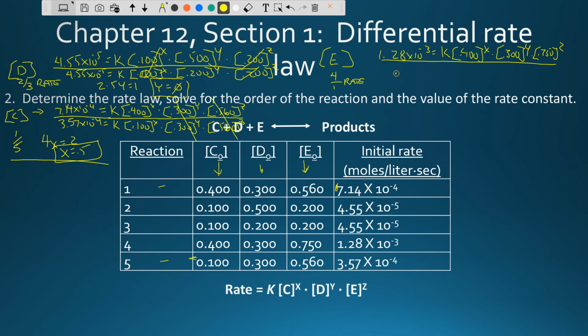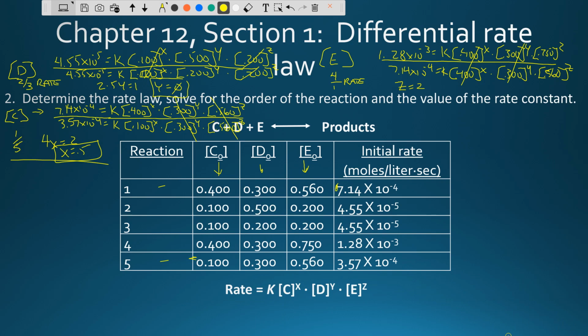That will be all over 7.14 times 10 to the negative fourth times k, 0.400 to the x, so that cancels, 0.300 to the y, so that cancels, and then I get 0.560 to the z. So what does that mean? That means that my z ends up being 2.